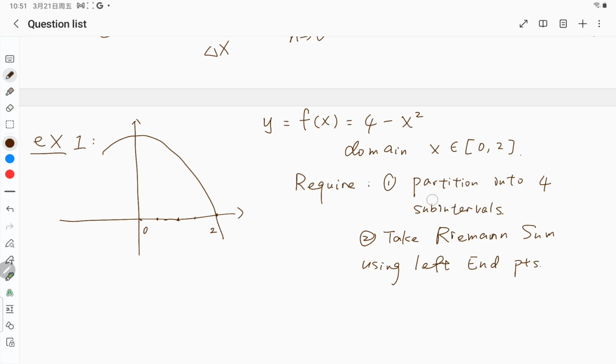So first step, partitioning into 4 intervals, right? This is always the first step that you're going to do, and then take the left endpoints. Yeah, so the first rectangle height will be the left endpoint here, right? And then the second rectangle will be here, taking the interval of this delta x of this left endpoint here, and then the height should be looking like this and this.